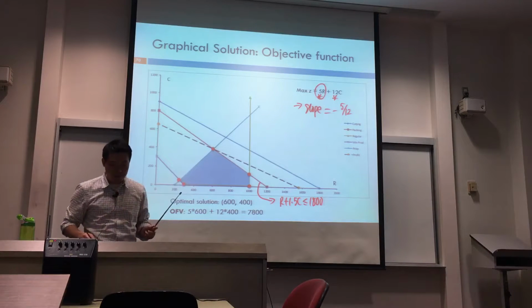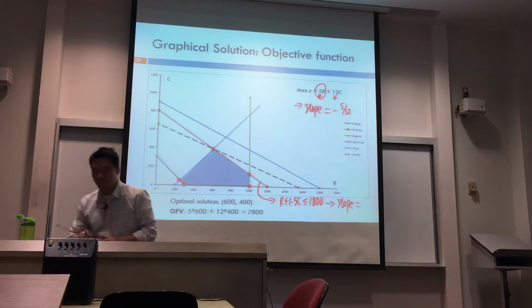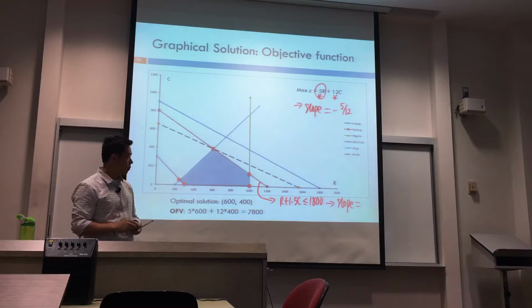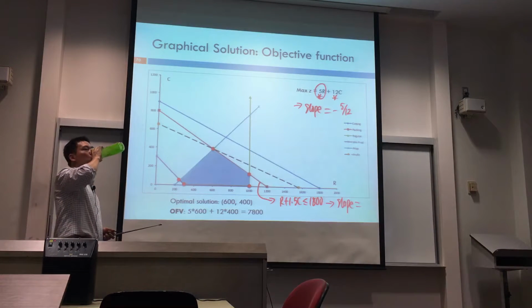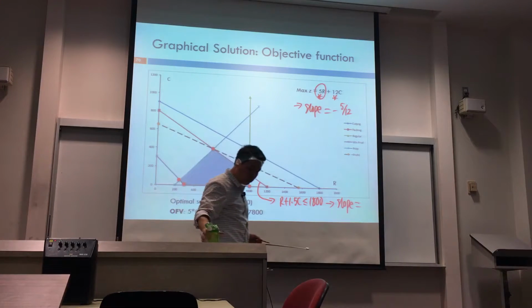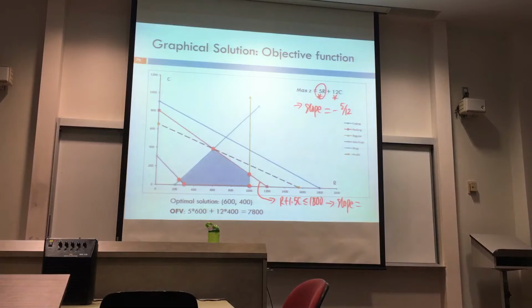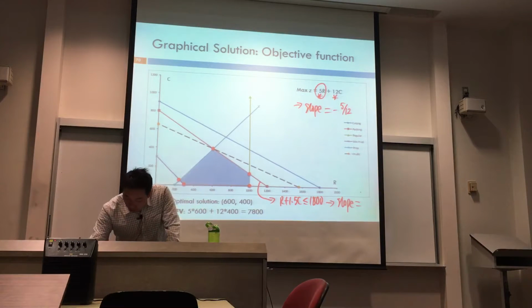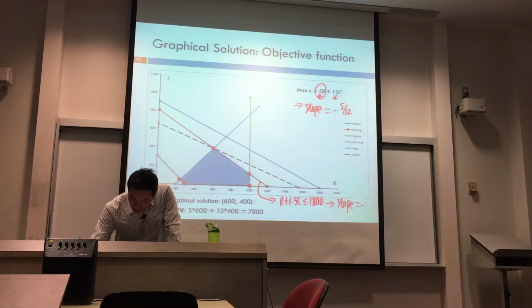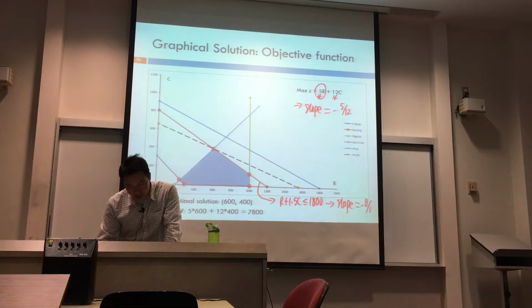So that is the line. What is the slope? Yes? That's correct. So negative 2/3, or let me say it is 8/12.